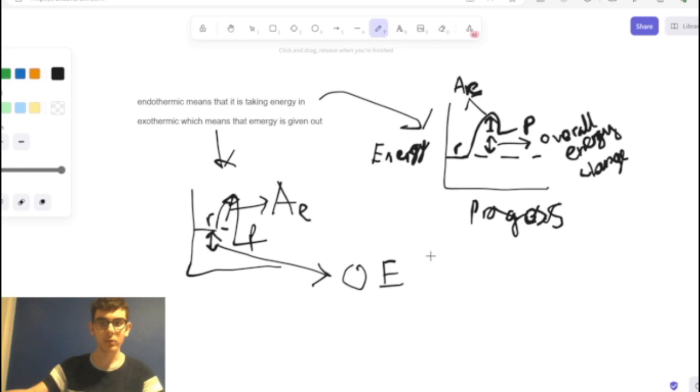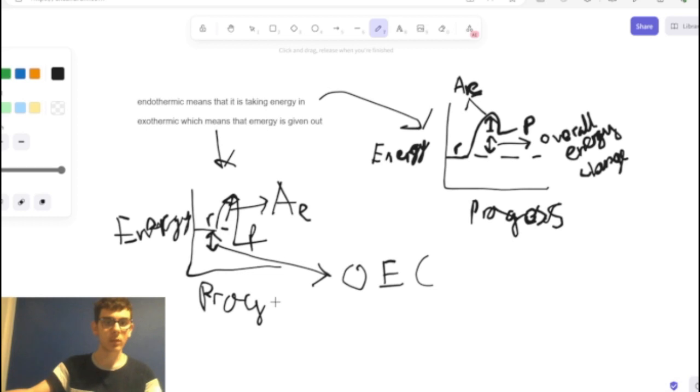I'm just going to put OEC. And again, it'll be the same thing: energy, and progress or time. Normally it's progress. There could be time. And this is a typical 3-mark question in the exam. Draw a reaction profile for exothermic or endothermic reaction, labelling it all.